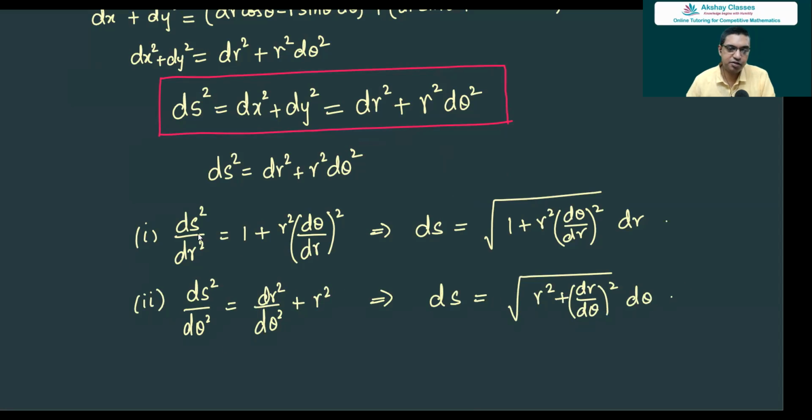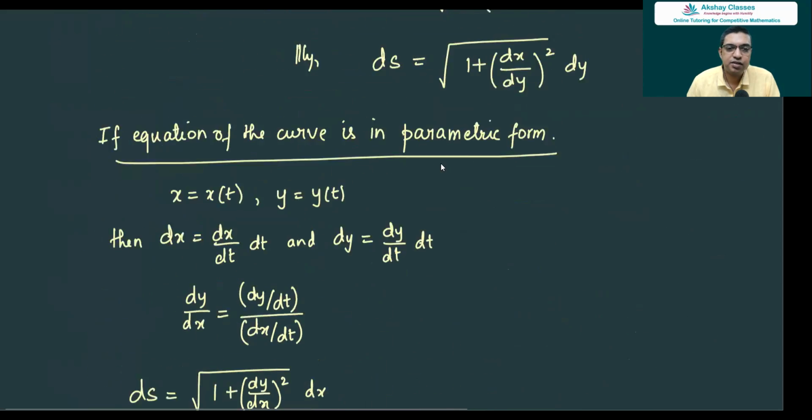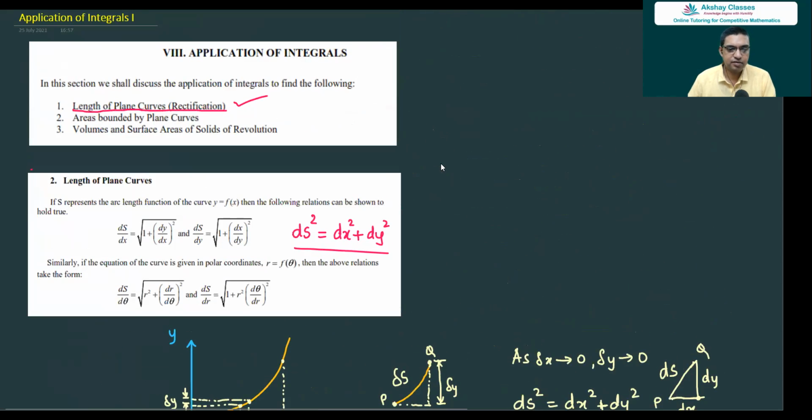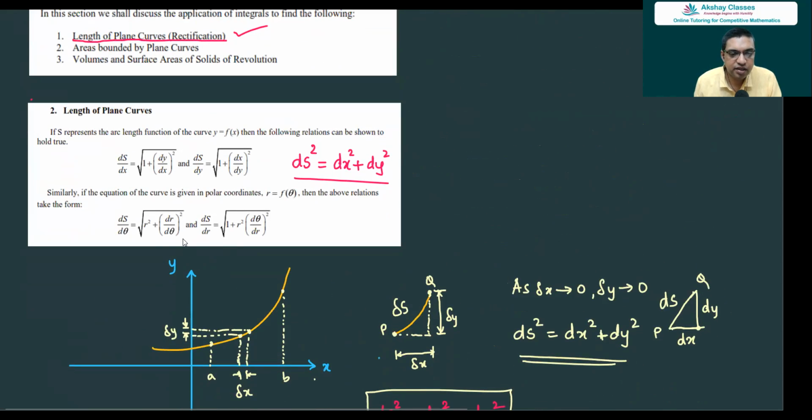Got it? The conversion, how we did? It all hinges here. So let's go back here. These are the two things which I derived and shown. So for this, the basis is this one: ds square is dr square plus r square d theta square. Okay.